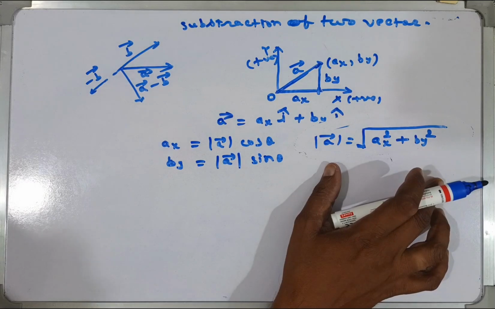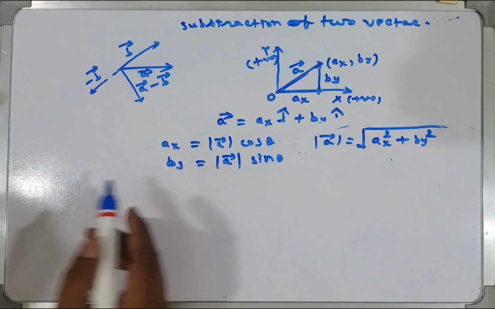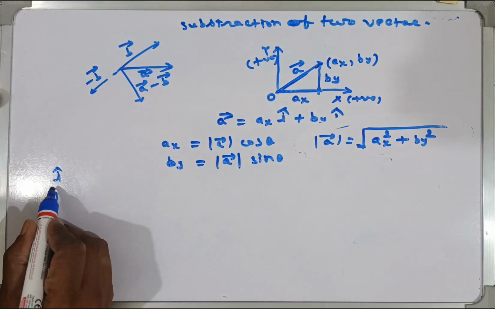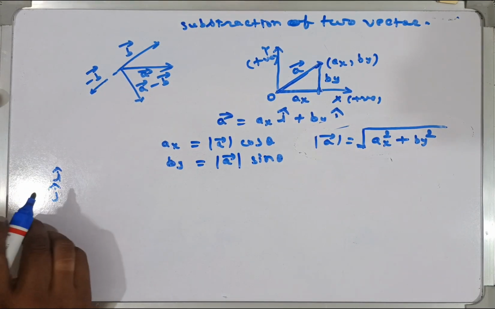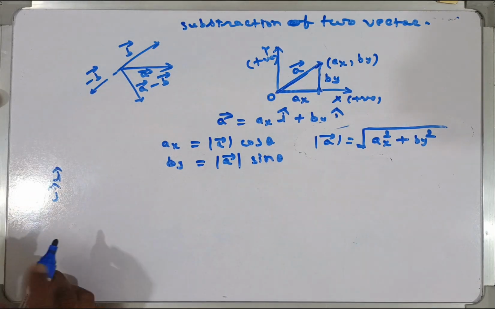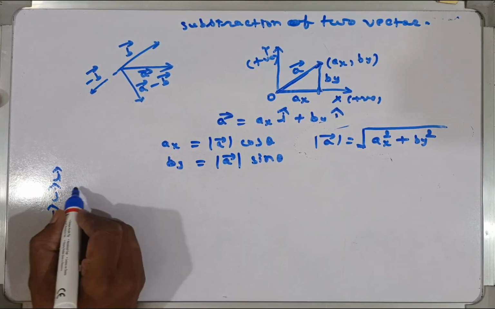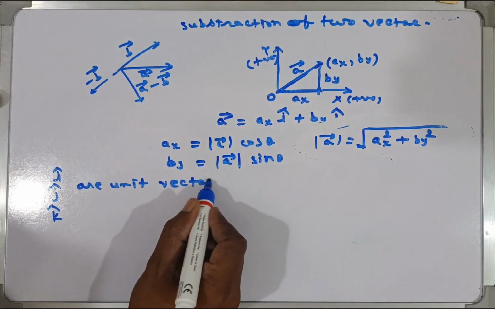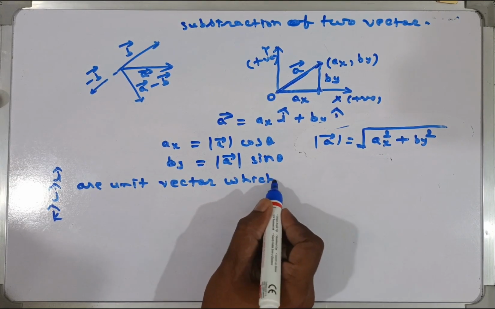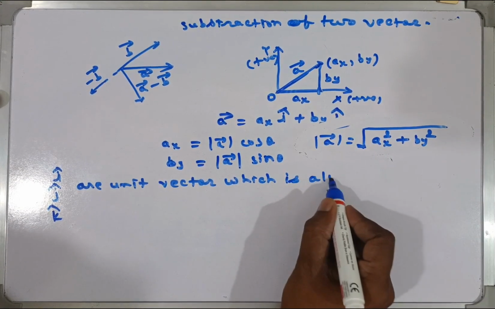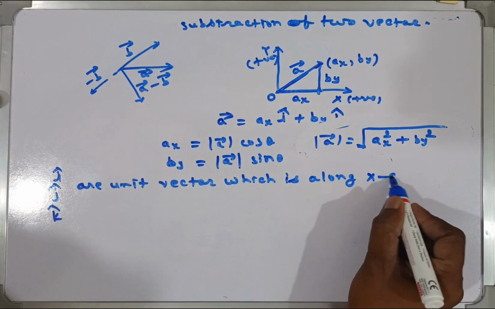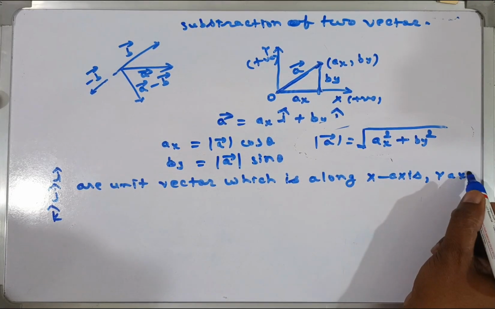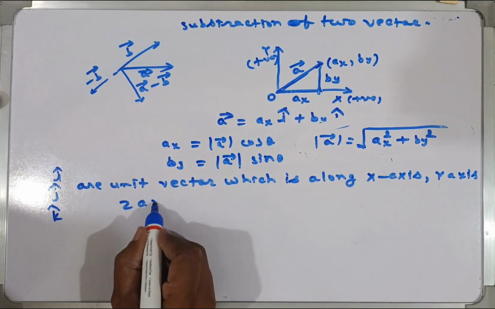Okay, so guys, other important thing here, i cap and j cap. Okay, so in vectors i, j and k are unit vectors which are along the x-axis, y-axis and z-axis.